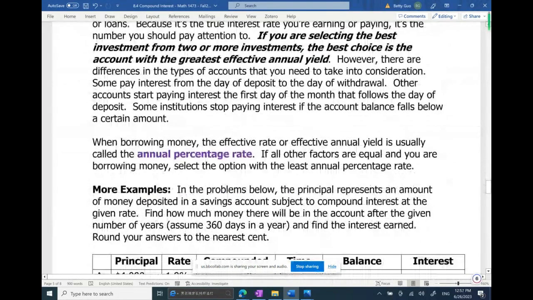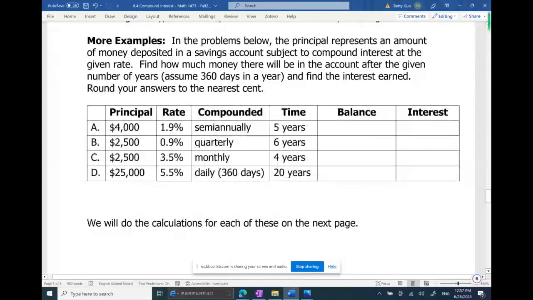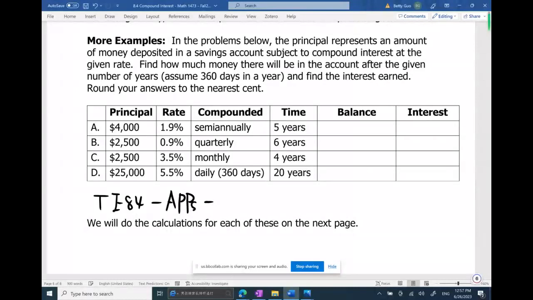More examples. The last example, I'm going to use a different method to calculate. We are going to use the TI-84 calculator, and we are going to use the finance app in the calculator.